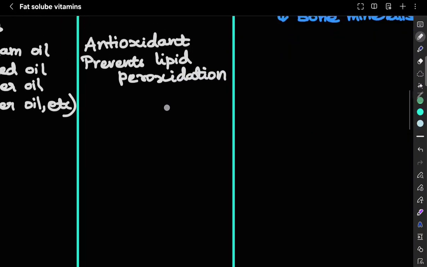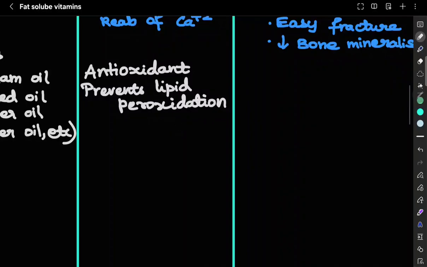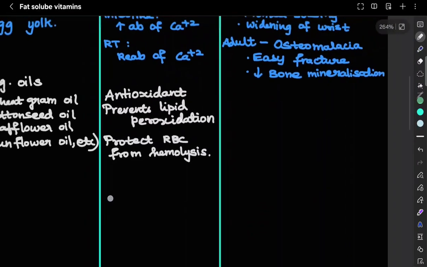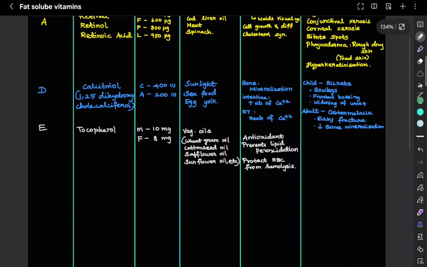Okay, and it also maintains the integrity of RBCs. It protects the RBCs from hemolysis. Vitamin E are good antioxidants. They prevent lipid peroxidation and protect RBC from hemolysis.